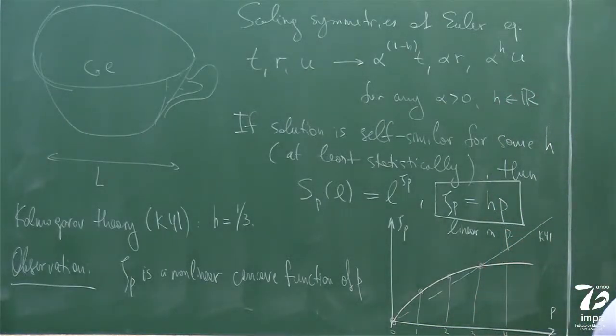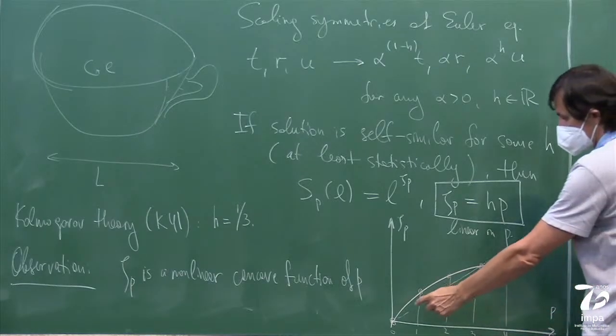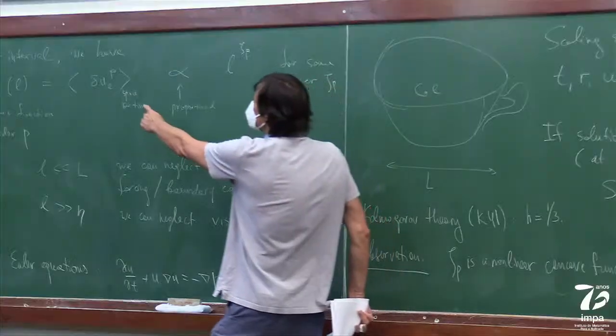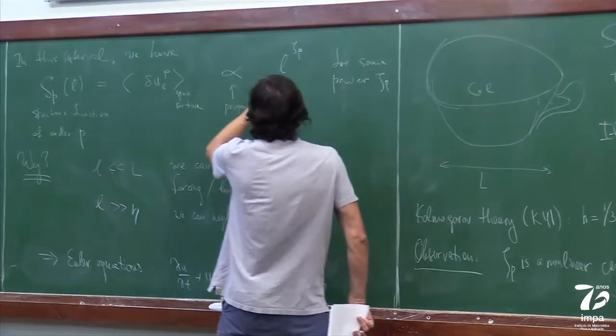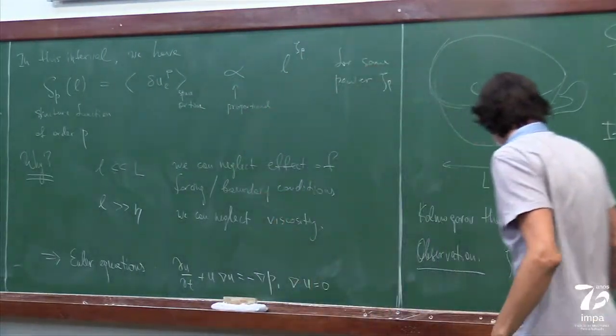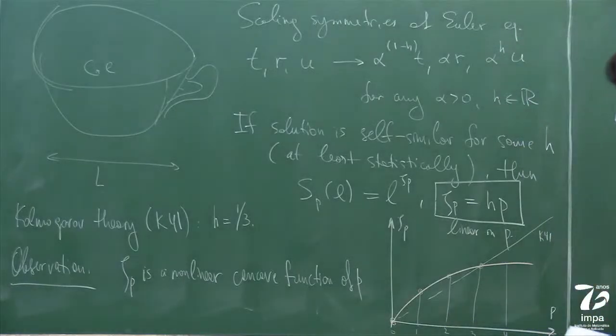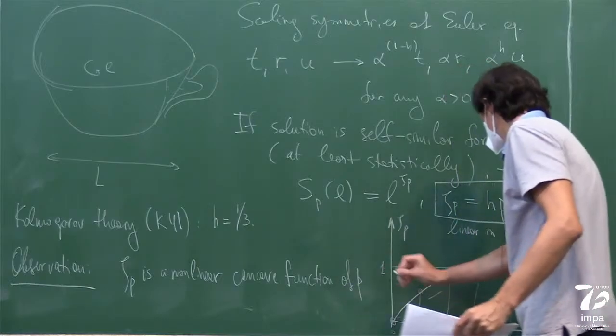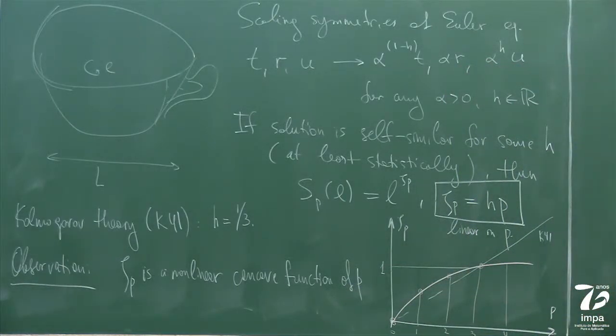There are only two points where they intersect, where the linear law of Kolmogorov intersects the true value. One is at 0. It is clear that if you put 0 here, it will be 1, so the power should be 0. So 0, 0 is a point. And then there is another point which is 1 at the third moment, which also has to do with energy conservation. This we will not discuss today.